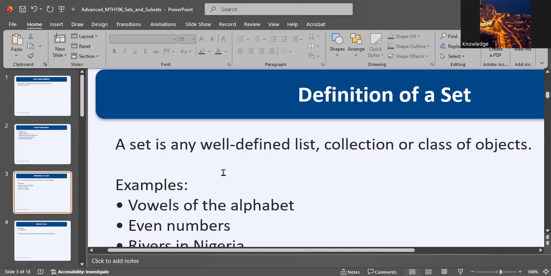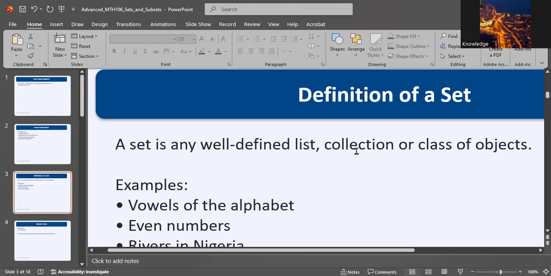So it has to be well defined. So when you tell me a set of this, once that thing is well defined, anybody can contribute to it and still get what that set contains. So a set must be well defined. If you are forming a set now, it must be well defined and it must be a collection.